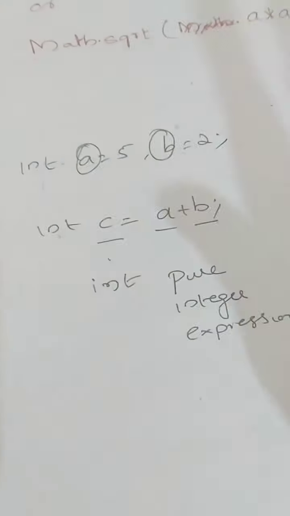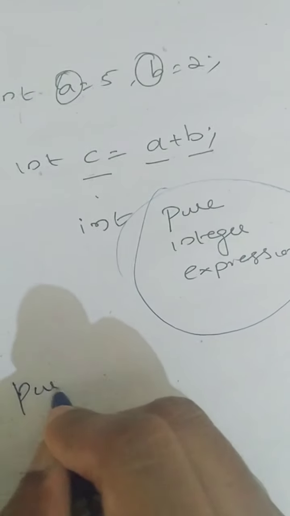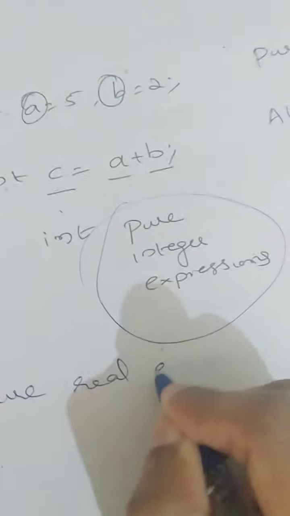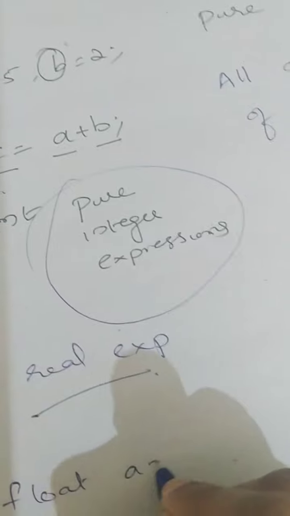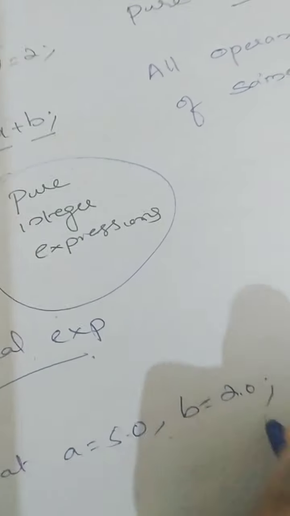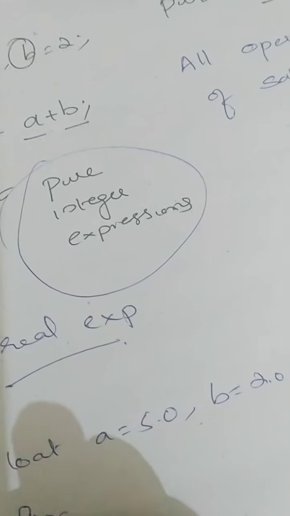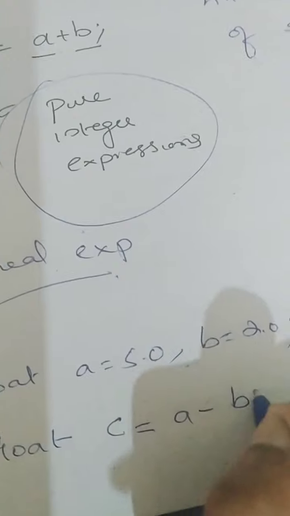Pure expression consists of two types, pure integer expression and pure real expression. What is a pure real expression? Float a is equal to 5.0, b is equal to 2.0, float c is equal to a minus b.